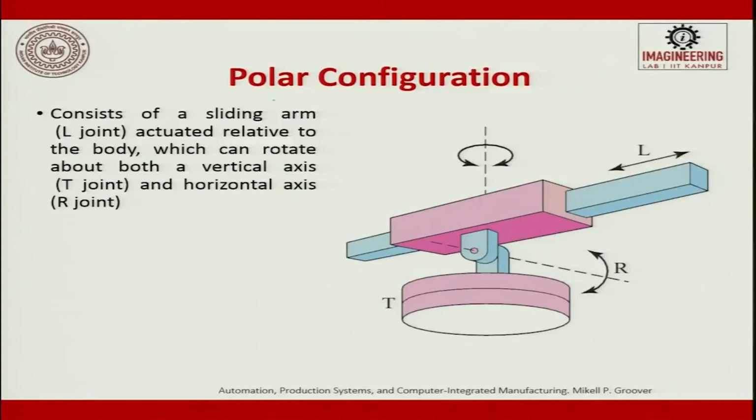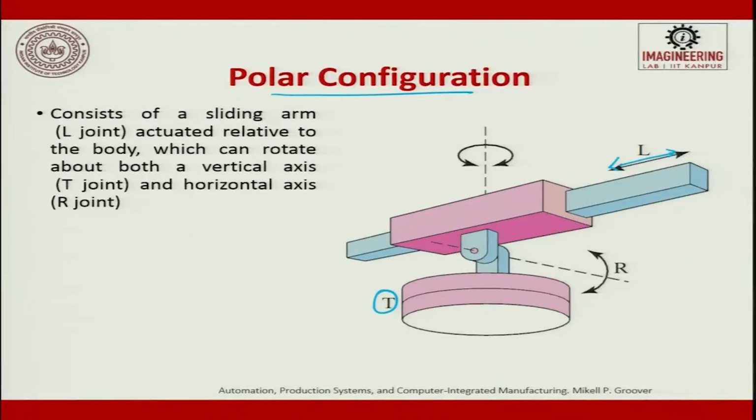Next is polar configuration, consisting of a sliding arm actuated relative to the body which can rotate about both a vertical axis and a horizontal axis. So, a vertical axis and a horizontal axis. Okay.